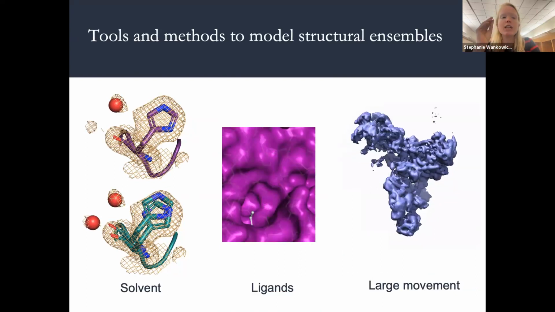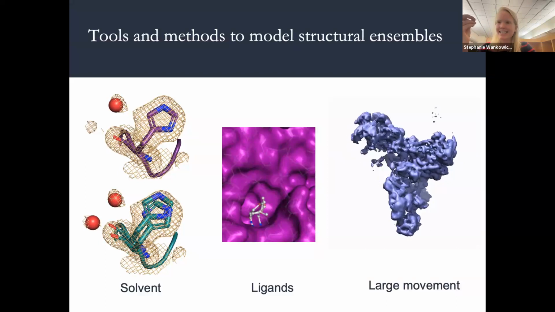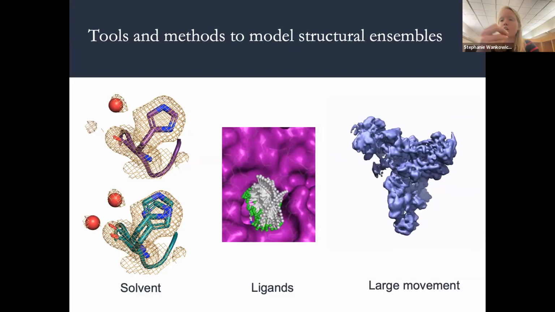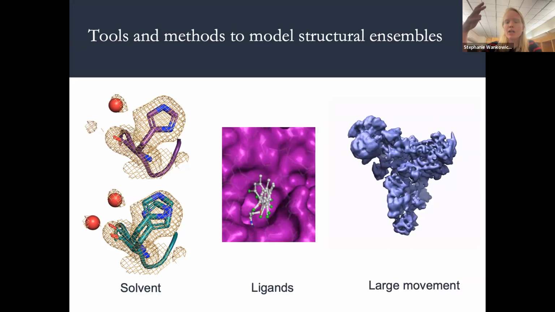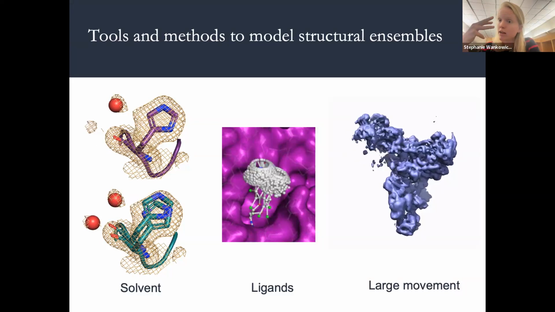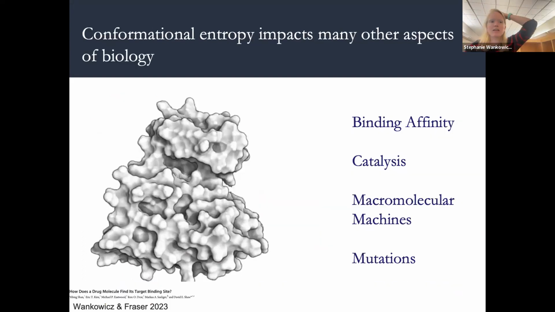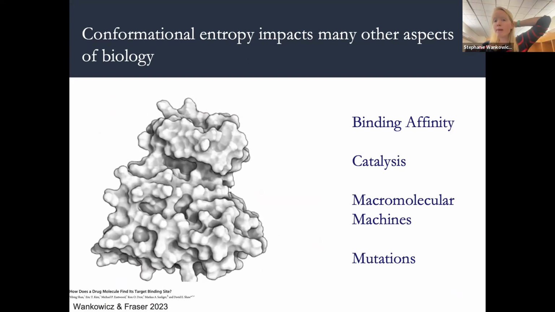And so we're really focused on differences in solvent and how we can model solvent in structural ensembles, how we can do this with ligands, and how we can incorporate our very small structural ensemble movement with the larger movements that you can see in Cryo-EM. And by doing this, we really think that we can understand the impact that conformational entropy has in many other aspects of biology.